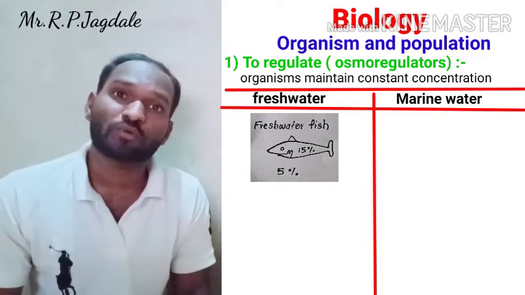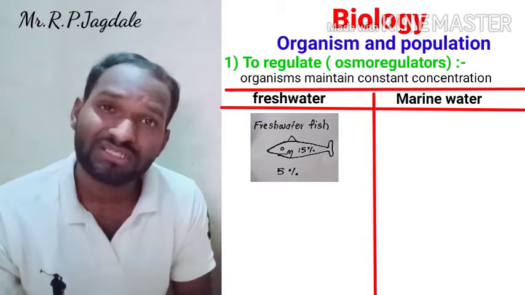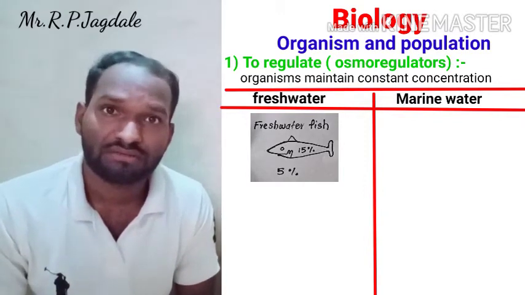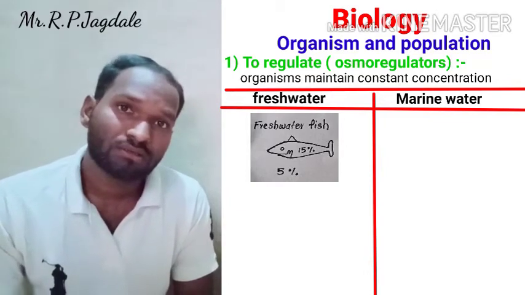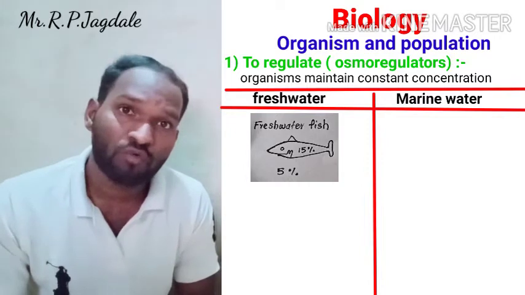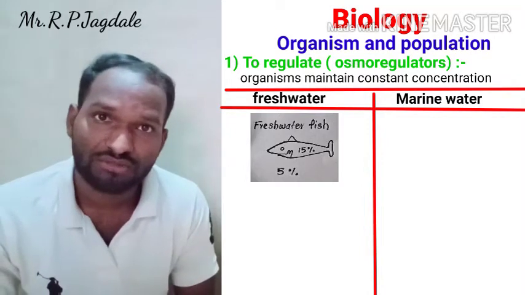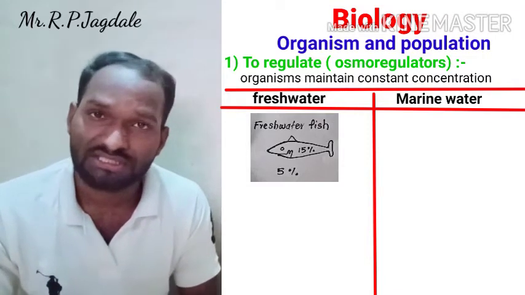There are mainly two problems: the first is related to water concentration and the second is related to ion concentration. Understand that water or ions move from higher concentration to lower concentration.